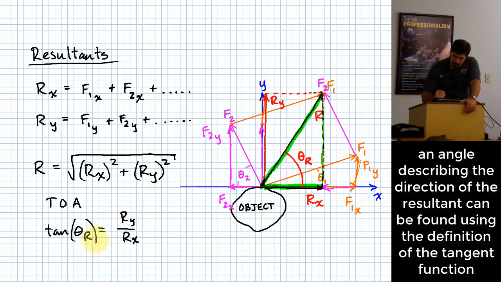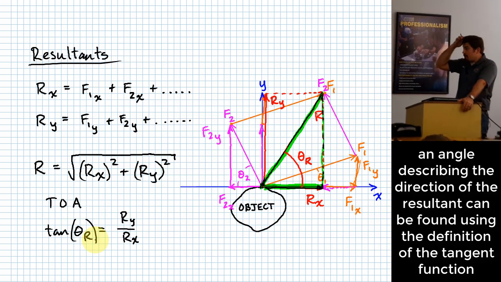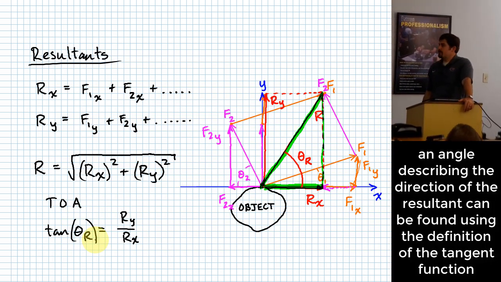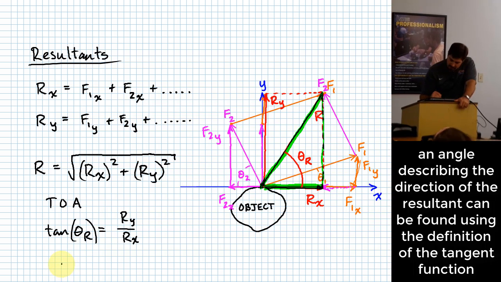But a lot of times what we want to know is what is theta r, and so what we can do is invert that tangent function. If you take the inverse tangent of both sides of this expression, what you end up with on the left is theta r, and on the right is the inverse tangent of Ry over Rx.